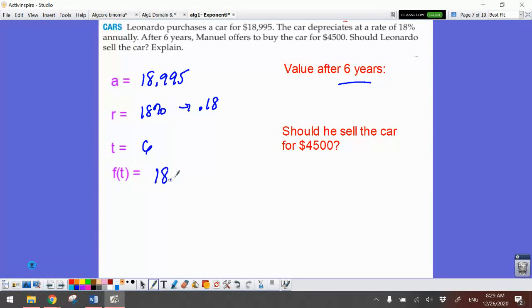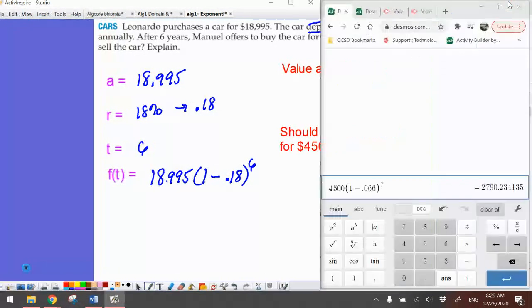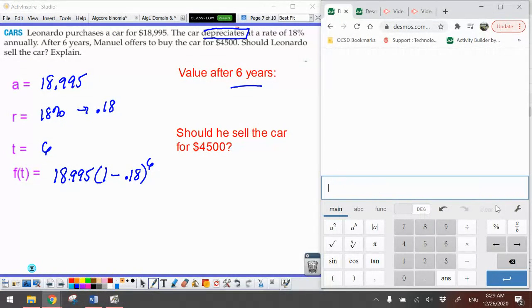So 18,995, 1 minus, because depreciation is subtraction, 0.18 to the 6th power. All right, so let's see what we got. So 18,995, 1 minus 0.18. And I need a power of 6.